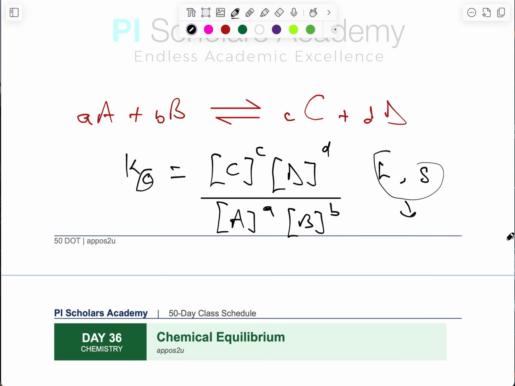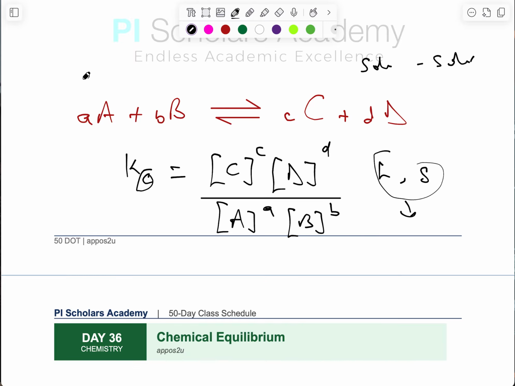So when we're dealing with situations like this, what we are really concerned about are those that are in solution. So we are talking about aqueous solutions. That's what we're dealing with. Because when we're talking about concentration, you have a solute inside a solvent.